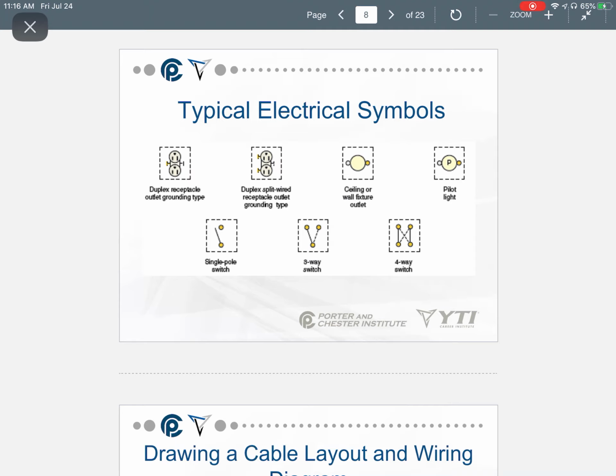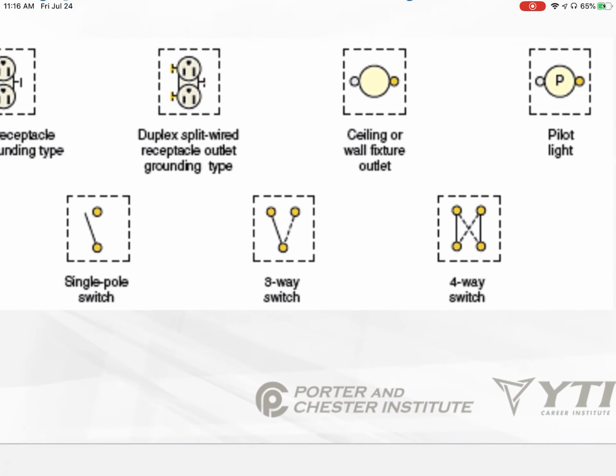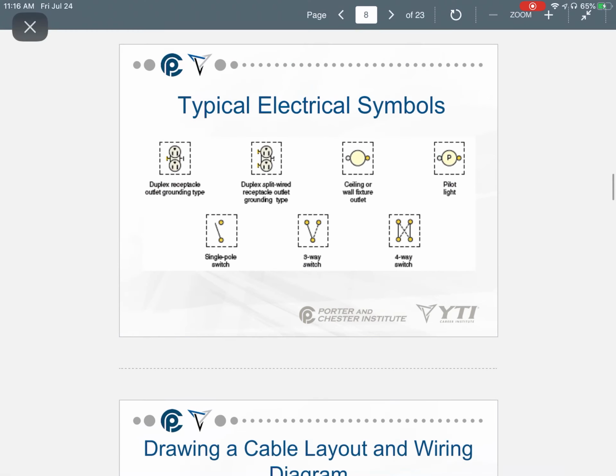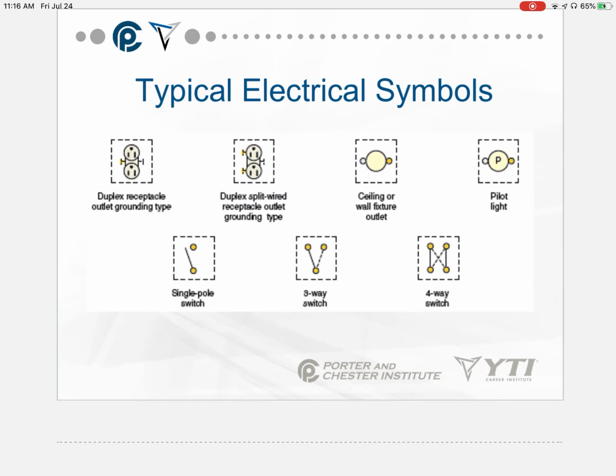Just for affiliation, guys, if you're looking at a receptacle or a switch or a lamp holder, the brassy or the more golden color terminal is going to be for your hot, and the silver or the lighter color terminal is going to be for your neutral. Just remember that. So you see that common here again, pilot light, you see the same thing. On the left, you see the silvery or the lighter color, and you see the yellowy or brassy color is going to be on the right.